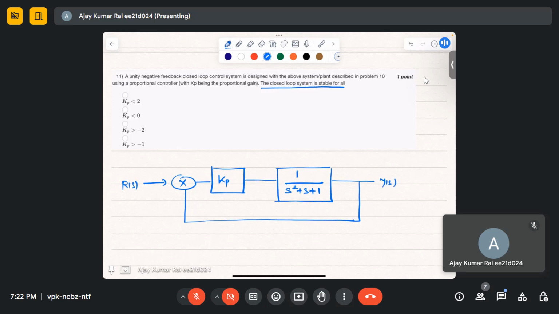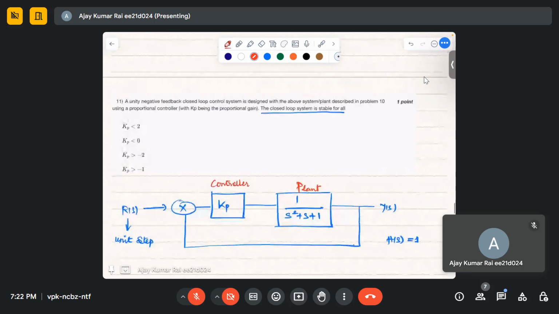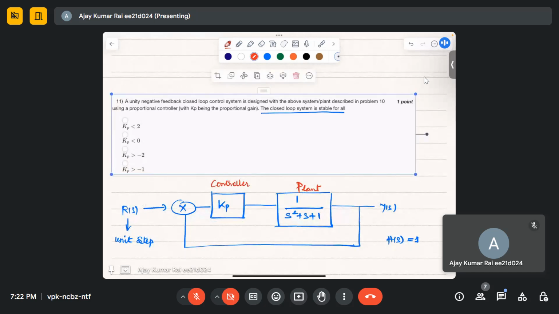This is Y of s, and this is the unit step. Here H of s is equal to 1, this is the plant, and this is the controller. Again, a unity negative feedback closed loop system is designed with the plant described in problem 10 using a proportional controller.